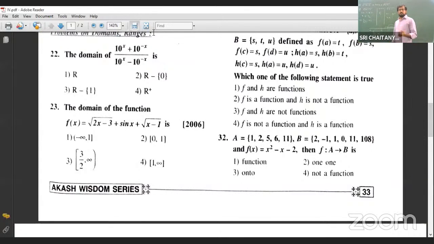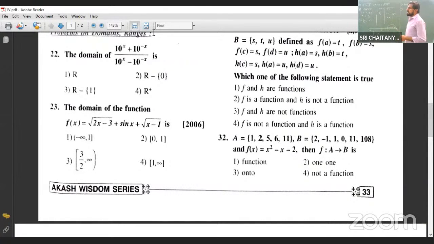Through option verification, you just pick one option, minus infinity to 1. This is closed, this is open. Now just substitute 0 in the problem. It becomes 0 minus 1 under root, which is negative. That means this entire function does not exist. Hence this option is wrong.